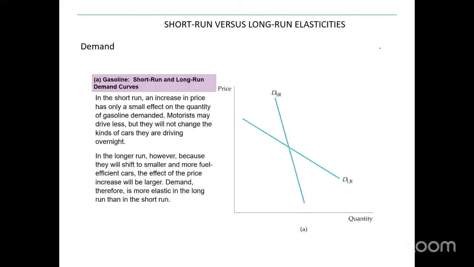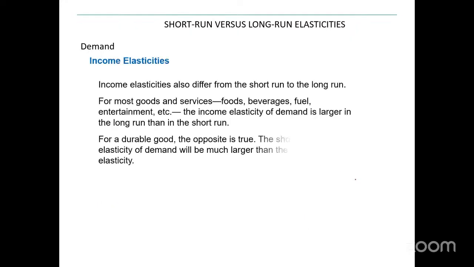Now, the other thing also what we learned: short run and long run. In the short run, since the demand curve is much steeper, we will get inelastic demand, and in the long run elastic. That's true because the long run has enough time to adjust, so it is highly elastic.